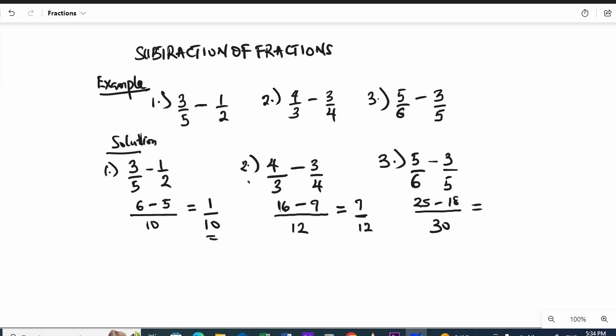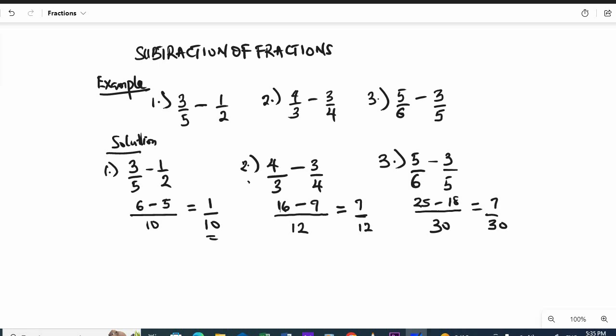So this gives us what? Okay, it's not very clear. I'm going to erase this. Okay. So this gives us 7 over 30. So that's our answer.